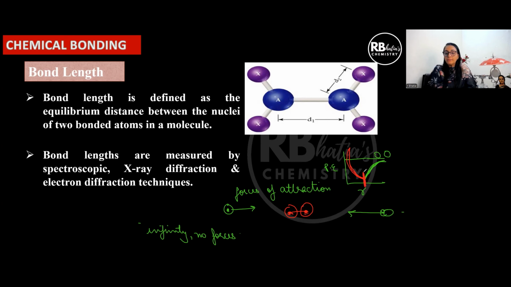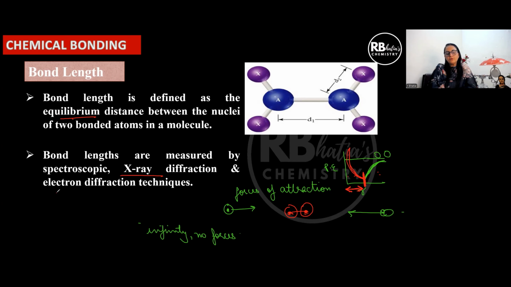So the equilibrium distance, where attractions and repulsions balance each other, is the distance where a bond is formed. This distance is what we call bond length. This is a very important word in the definition: it's the equilibrium distance between the nuclei of two bonded atoms in a molecule.